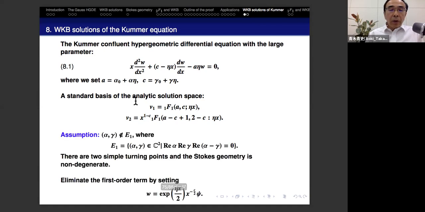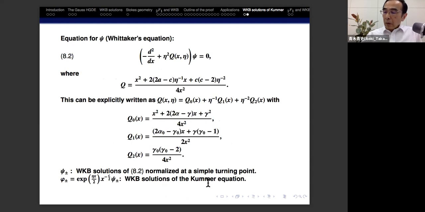Our assumption is that the parameter alpha, gamma does not belong to E1 defined by this one. Then the Stokes geometry is non-degenerate. And we eliminate the first order term and construct the WKB solution.